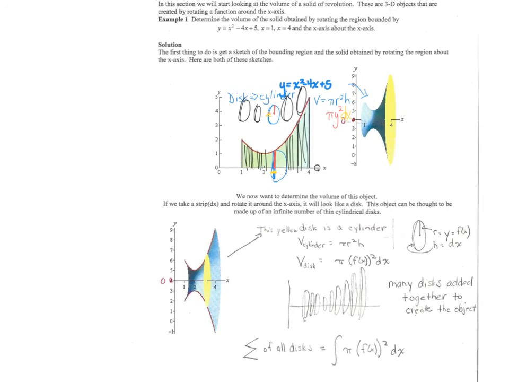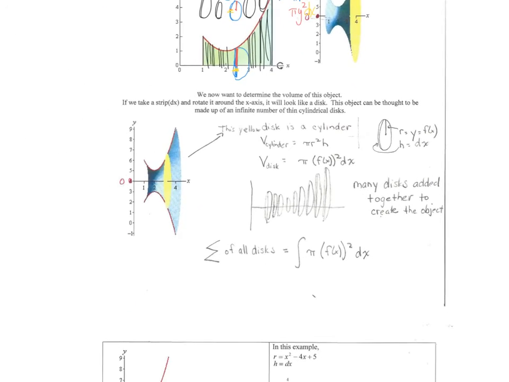Similar to this picture right here, where you can see multiple disks that if we stack them on top of each other would create this shape. And we're talking about our volume being pi y squared or f of x squared dx. But how many dx's or how many disks do we want to put in there? We want the limit as the number of disks goes to infinity, and hopefully that sounds like an integral.